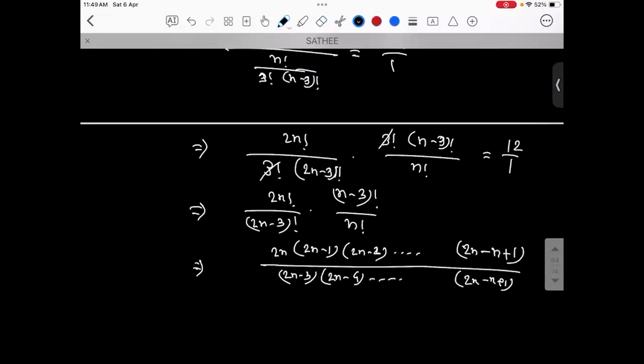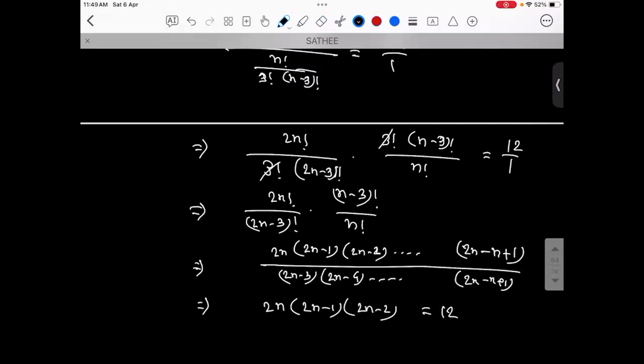Now you can see that after this, from the upper part and from the lower part, you can compare. If you compare, then you will see only these many terms will be left: 2n minus 1, 2n minus 2, and this is equal to 12.